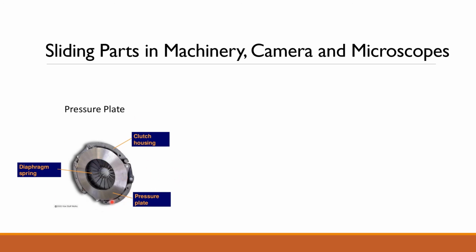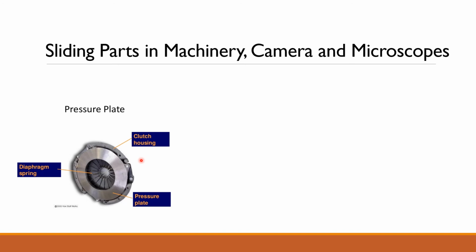This pressure plate is attached to the clutch housing and to the diaphragm spring, and it is bolted to the engine flywheel.